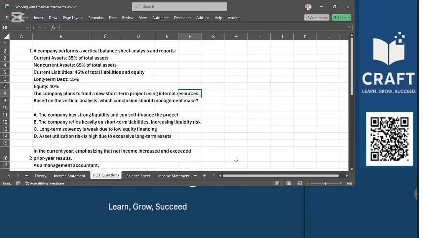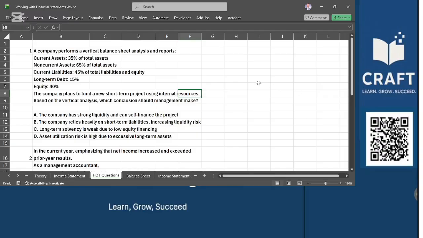A company performed a vertical balance sheet analysis and reported that current assets are 35% of total assets, non-current assets are 65% of total assets, current liabilities 45% of total liabilities and equity, long-term debt 15% and equity 40%.